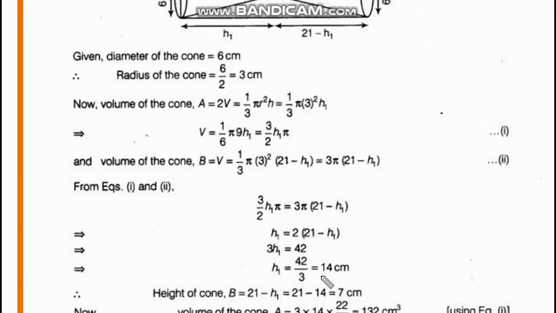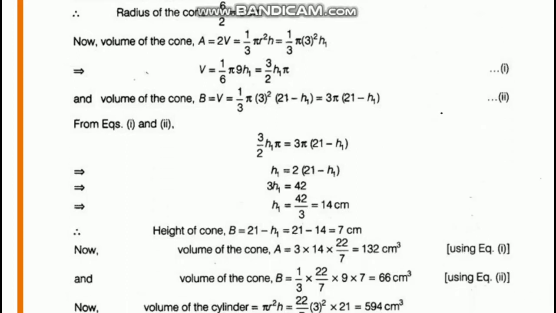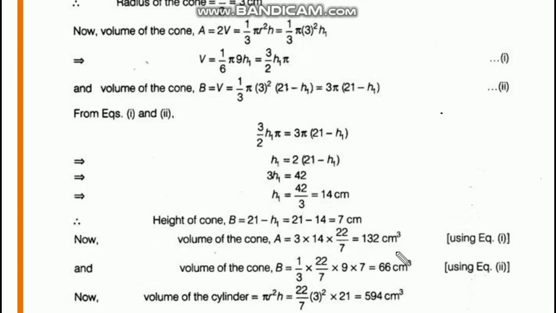First we found the height of cone A. Next we need to find the height of cone B: 21 minus 14 is 7 centimeter. So the height of cone B is 7 centimeter. Next we need to find their volumes. We already know the volume is 3 by 2 h1 pi.